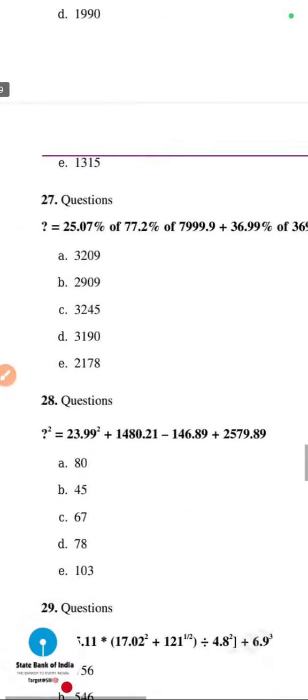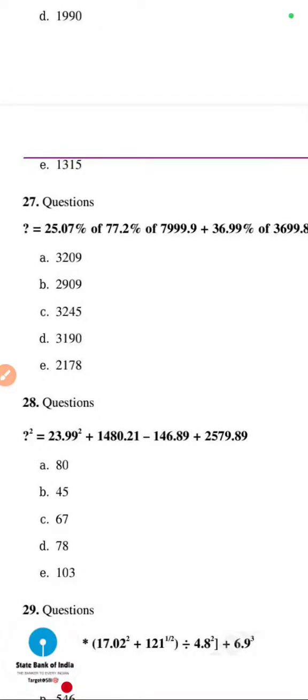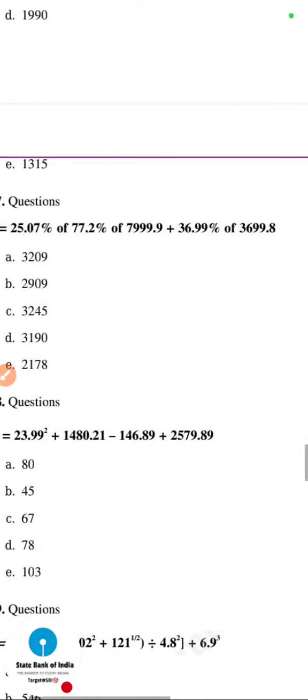This is the 27th question, which is question mark equals to 25% of 77.2, 25% means 1/4. 1/4 of 77.2, means 77% means 77 divided by 100 into 7,999.9. Let's take it as 8,000. Next, plus 36.99%, means 37% of 3700.